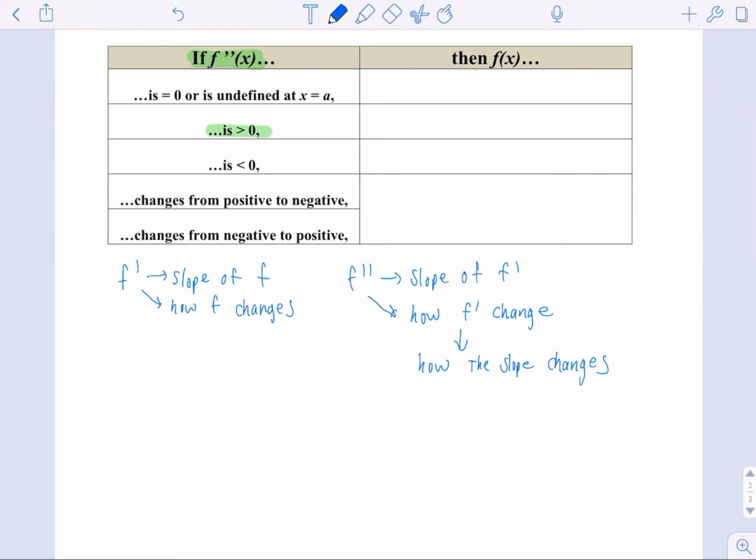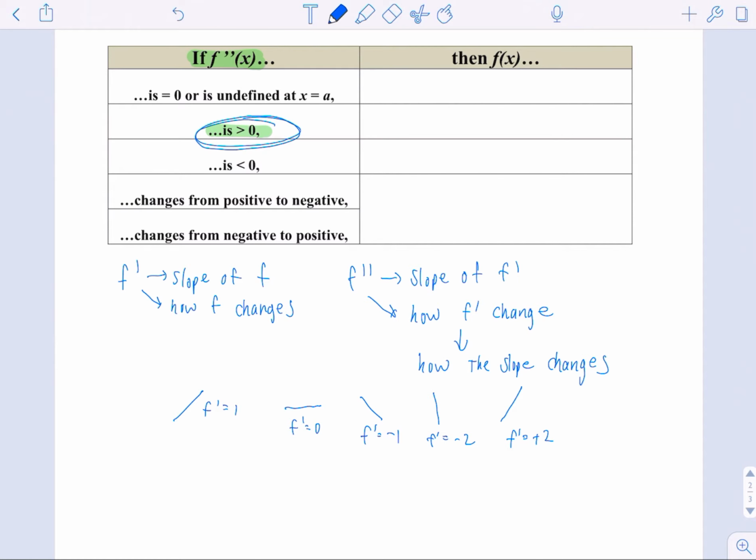So check this out. If we are trying to figure out how the slope changes when it is positive, then what we're saying is if we have different slope values, here's a slope of 1, here's a slope of 0, here's a slope of negative 1, here's a slope of negative 2, here's a slope of positive 2.